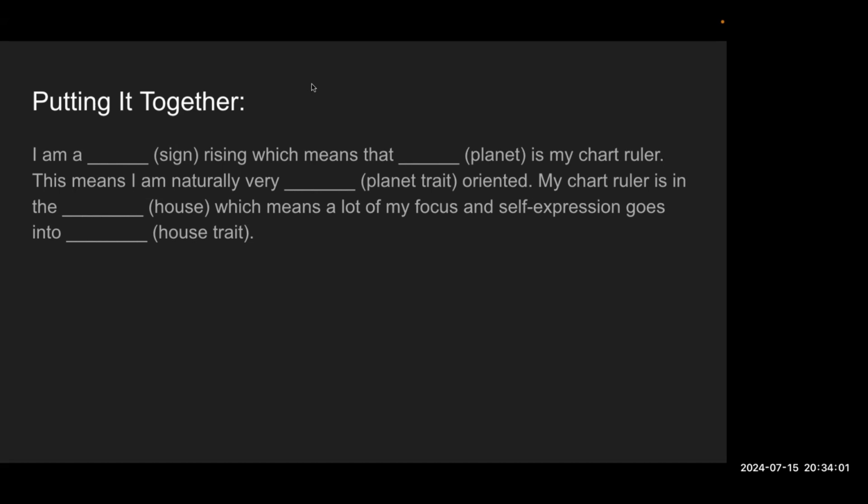The more you learn about astrology and practice reading it, the more you'll add to this information over time. You'll understand your chart ruler more and more. But this is a beautiful step one, getting you started, and there are so many different ways it could play out after this, depending.